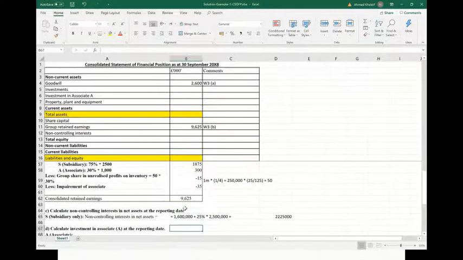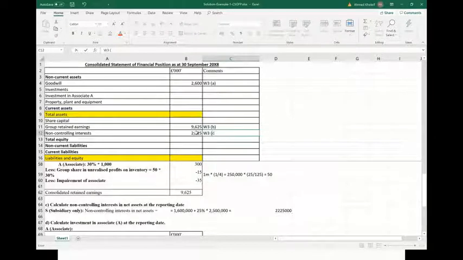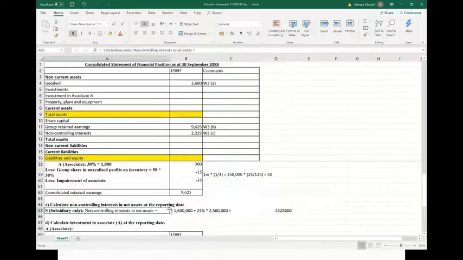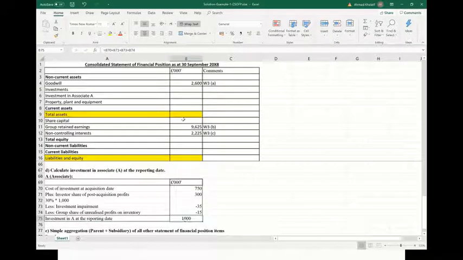And the next item that we calculated also is non-controlling interest in net assets at reporting date. So the non-controlling interest is 2,225, and this is mainly according to working 3C. And next we have the investment in associate, and the investment in associate is calculated here as 1,000.